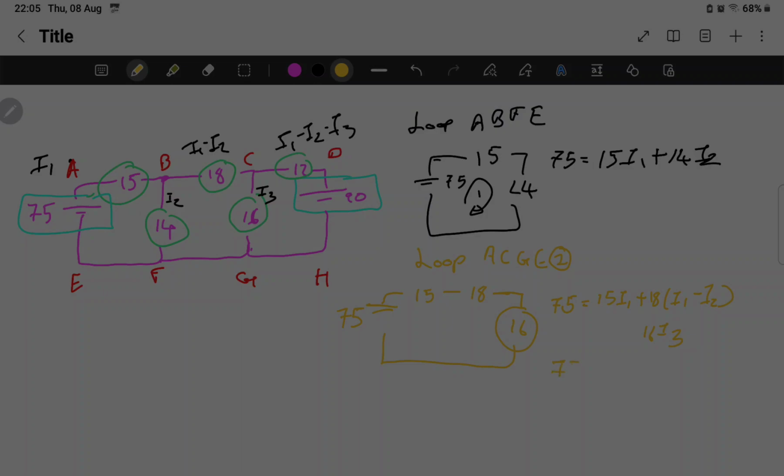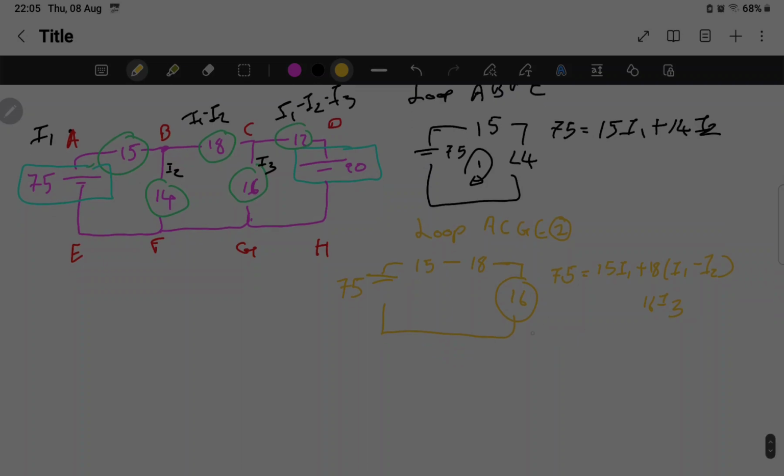When we simplify, we have 75 equals 33 I1 minus 18 I2 plus 16 I3.